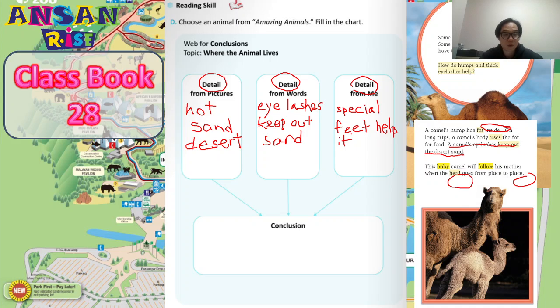What do the special feet do? They help it walk on sand.